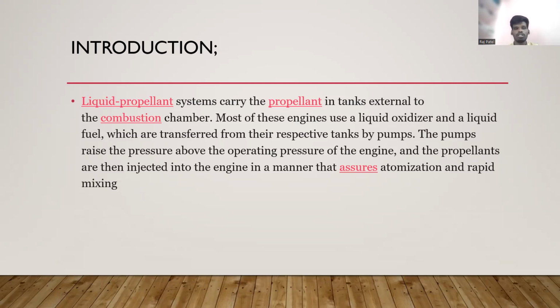So it will atomize the fuel and the oxidizer, and igniters will be provided, and those igniters will ignite the fuel and oxidizer, and heat is produced. This heat produced in the combustion chamber passes through the nozzle, and the rocket gets accelerated.